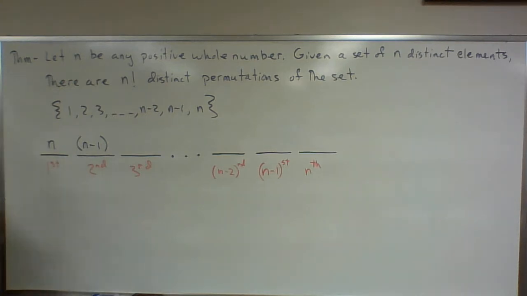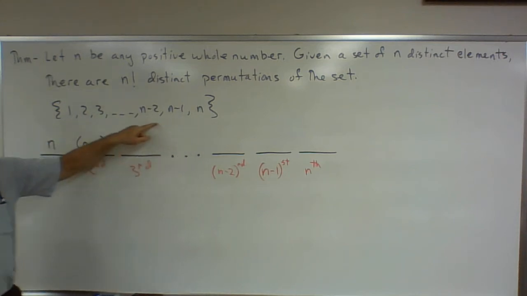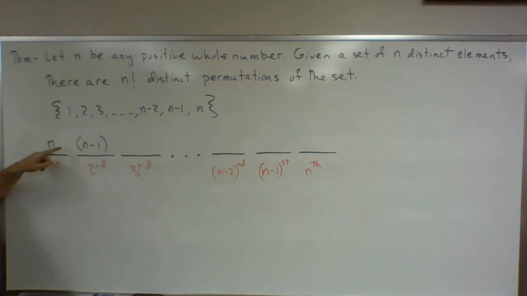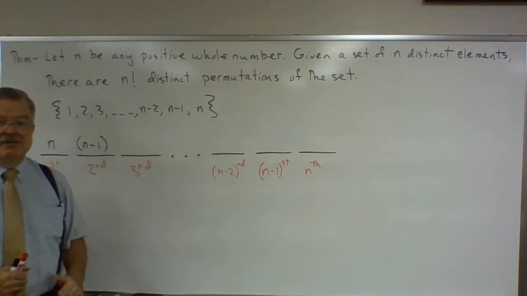So we've chosen the first two elements. We're going to choose the element that goes third, and it can be any of these elements except for the two that we've already selected. So in the third spot, we can take any of the unselected elements.